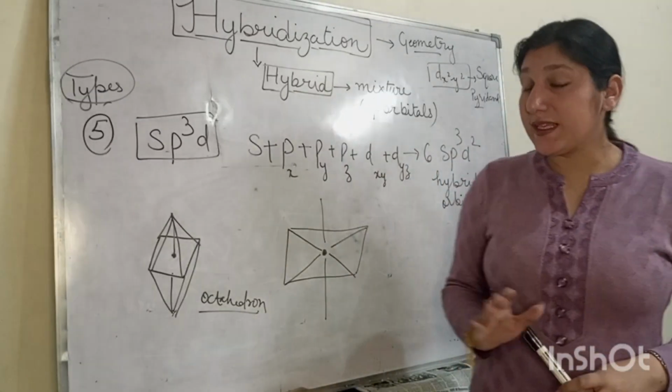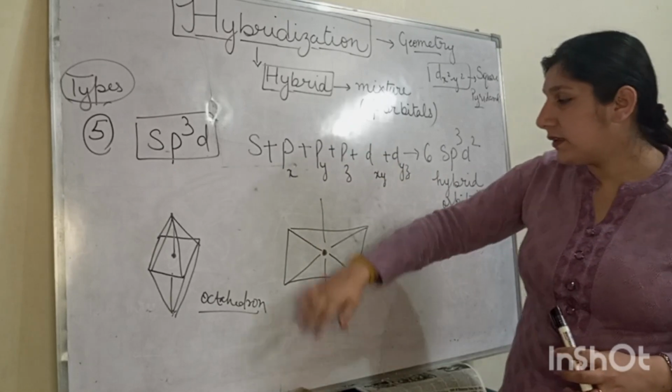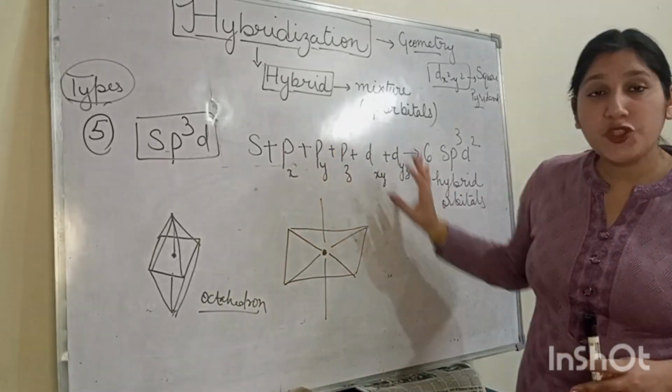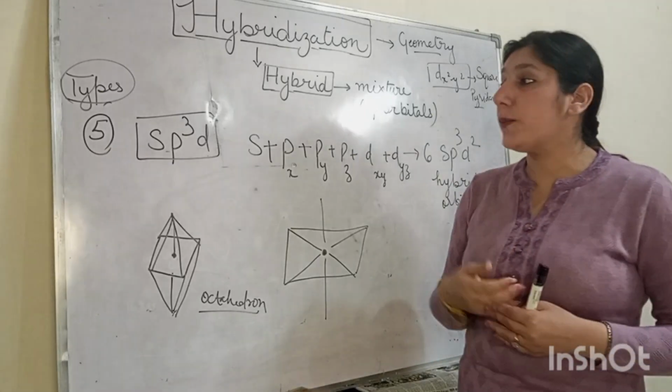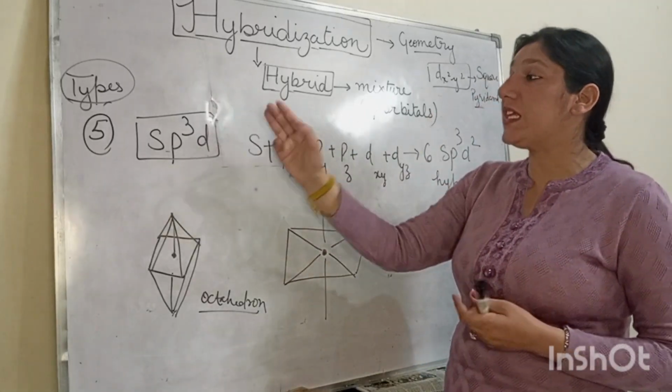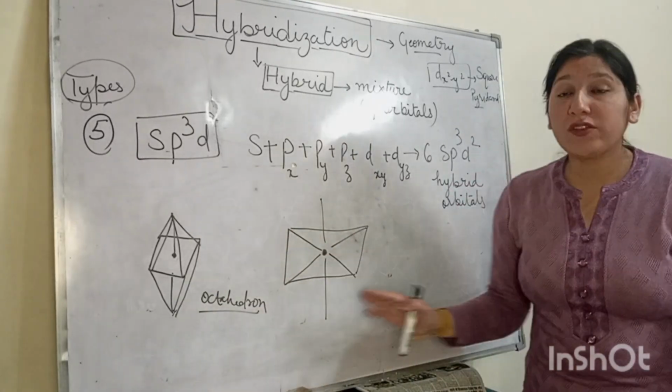Now in this hybridization, the resulting orbitals are aligned in the octahedron geometry. So the compound that is formed by the sp3d2 hybridization has the geometry of an octahedron.